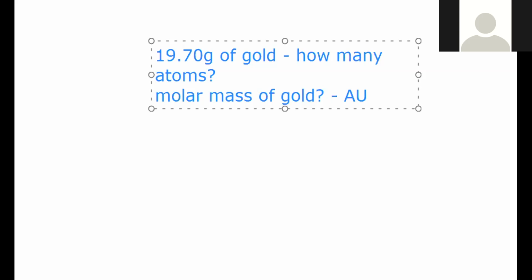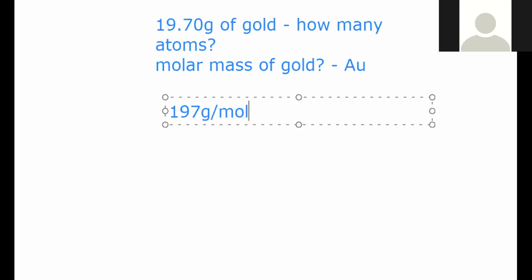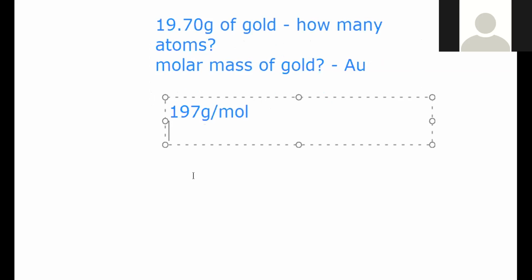Go to the periodic table, find Au and find out its mass. We will find that the molar mass is 197 grams per mole.